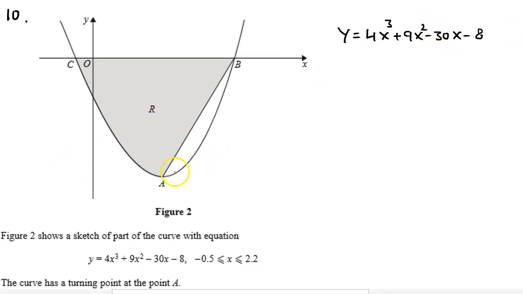This curve has a turning point at A. Using calculus, show that the x coordinate of A is 1. So we have to show that the x coordinate of A is 1.